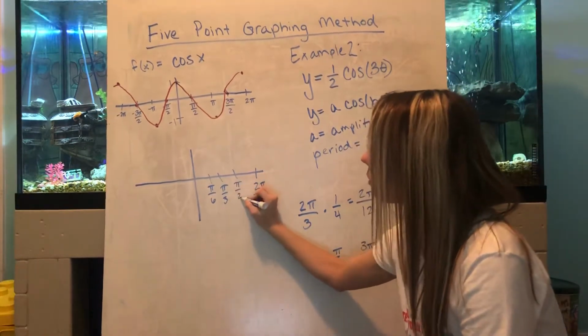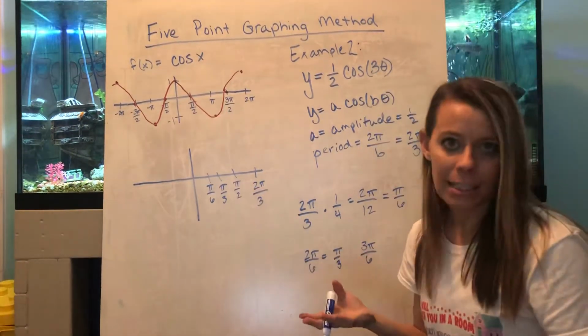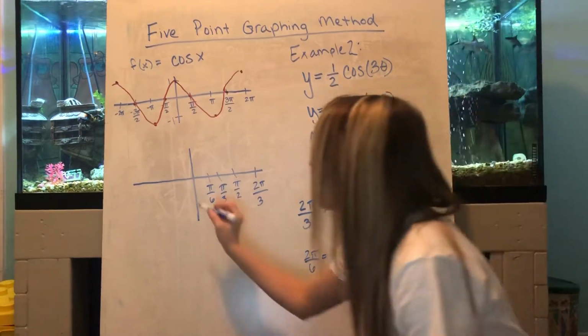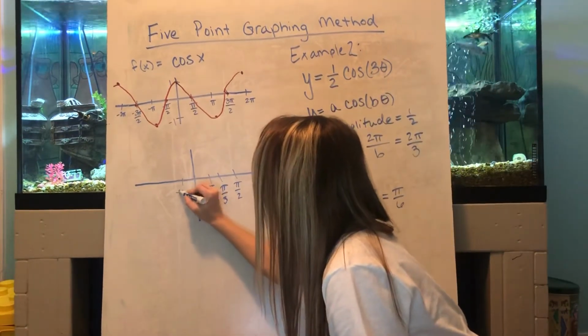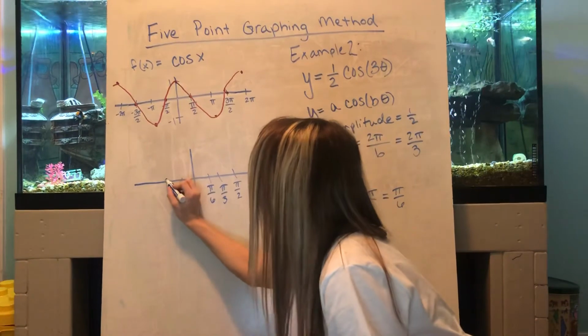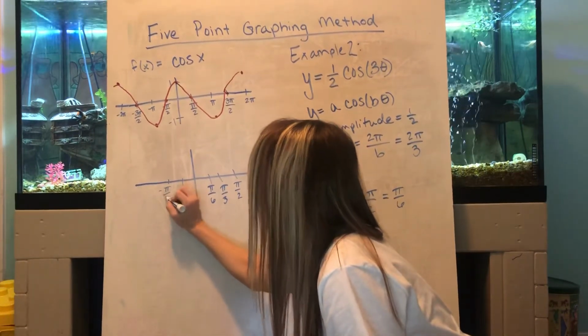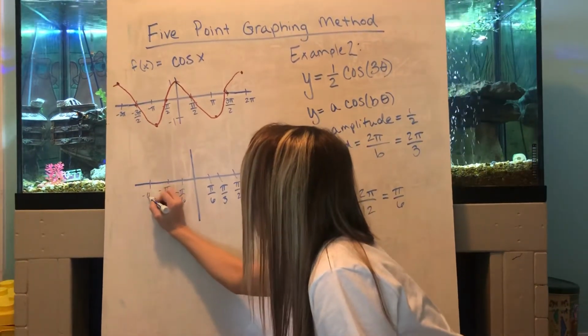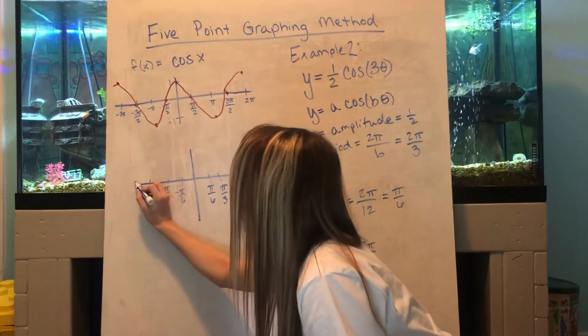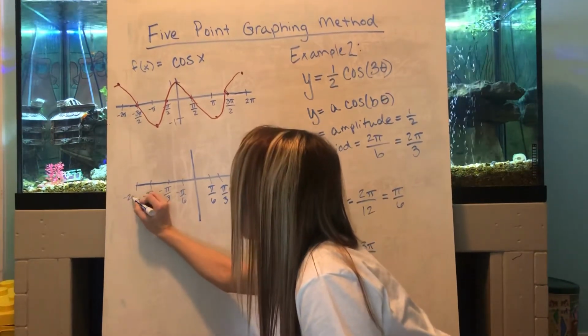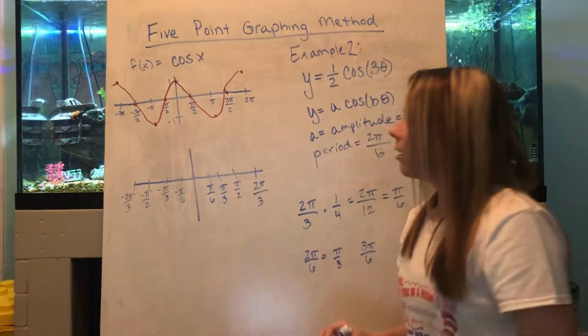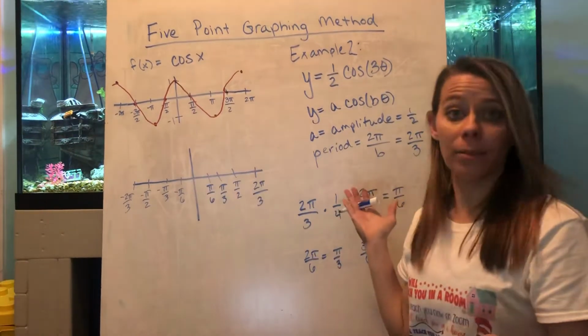Then going backwards is easy, it's the same thing, just negative. So I've got negative pi over 6, negative pi over 3, negative pi over 2, and -2 pi over 3. So now I have my period graphed.